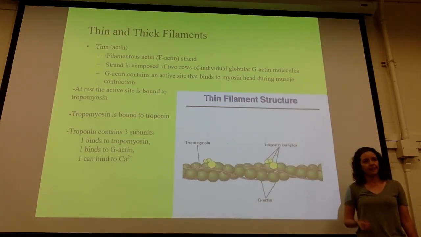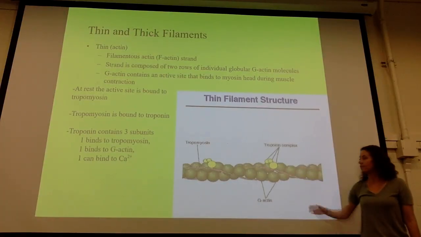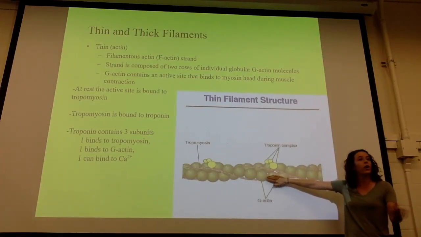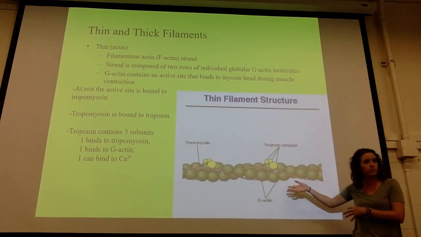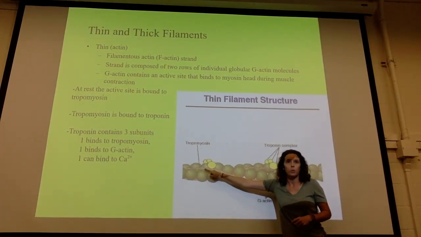The binding site on actin, where myosin likes to attach to, that binding site is covered when we are not actively using our muscles. It is covered by tropomyosin.